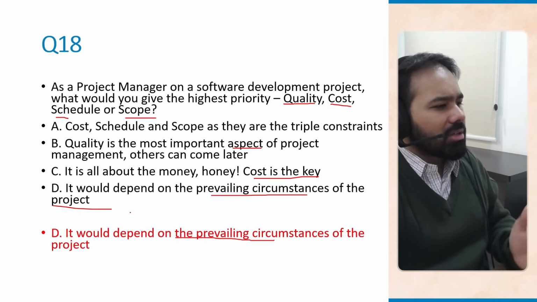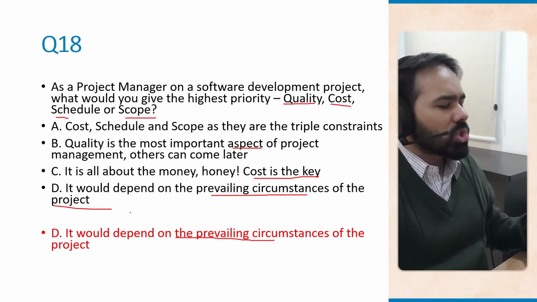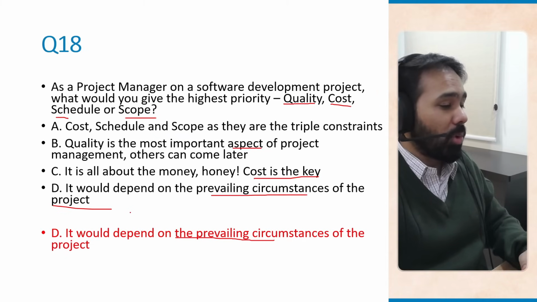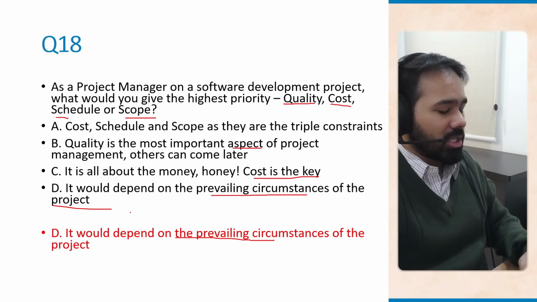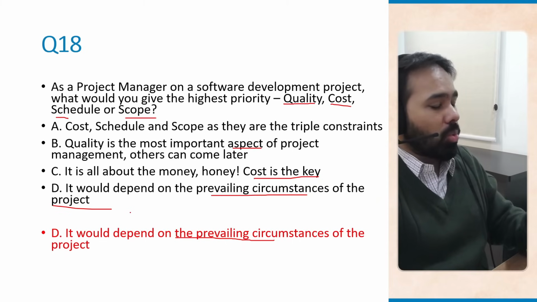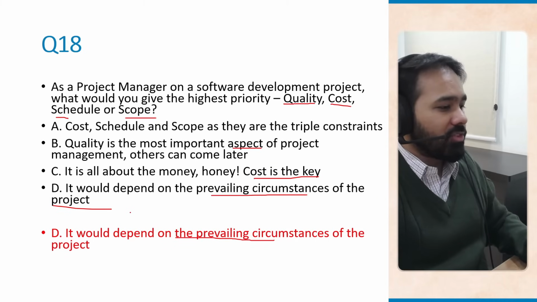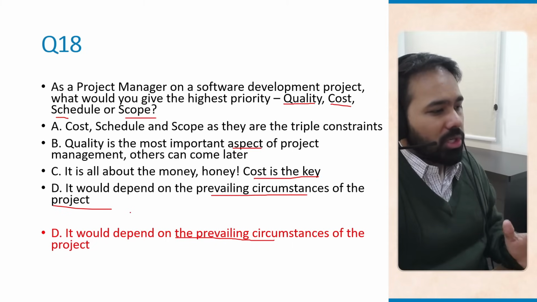Sometimes schedule is critical. For example, there's a product launch coming up, so schedule is the most critical piece here. Sometimes cost is important because you have a very limited budget on your project. Sometimes scope or quality can be important because, let's say, you are working on some safety critical software. So the project manager's role is to balance the triple constraint.